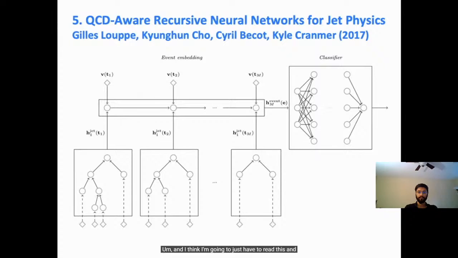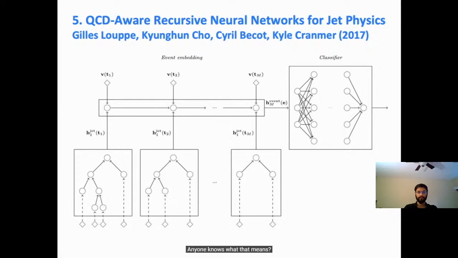And I think I'm going to just have to read this since I have no idea what half the words mean. But what it says is, by far the most common structures seen in collisions at the Large Hadron Collider are collimated sprays of energetic hadrons referred to as jets. These jets are produced from the fragmentation and hadronization of quarks and gluons as described by quantum chromodynamics.